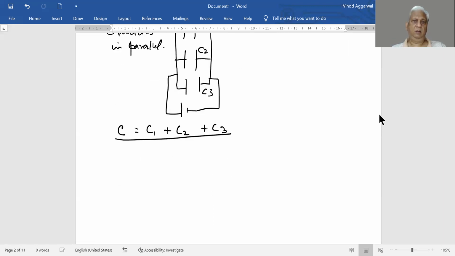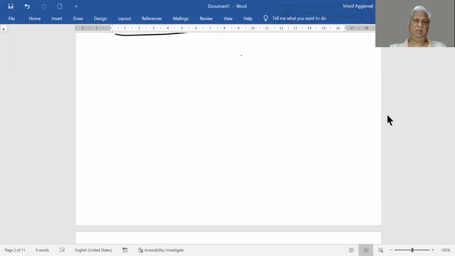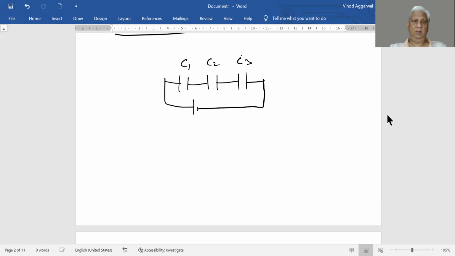Now the other way they can be combined is in series. We have C1, C2, C3 like this. This is called capacitors in series.